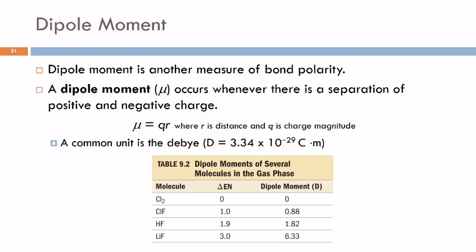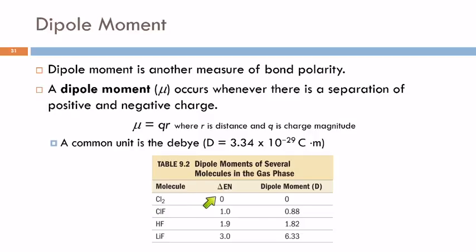A common unit for this is the debye, which is capital D. We're not going to use this very much, but a debye is 3.34 times 10 to the minus 29 coulomb meters.